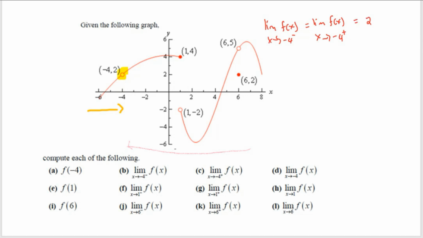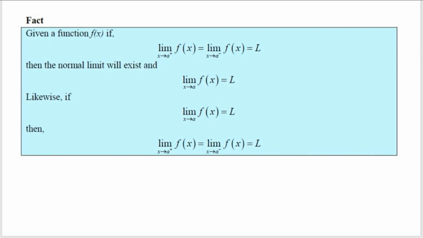Now, according to our discussion a while ago, we have the limit of f of x as x approaches a from the right, and on the other side, the limit of f of x as x approaches a from the left is equal to L. So in our example, the L there is equal to 2. Then, if the results from the left and from the right are equal, the limit of f of x is equal to L as x approaches a. So this limit does exist.